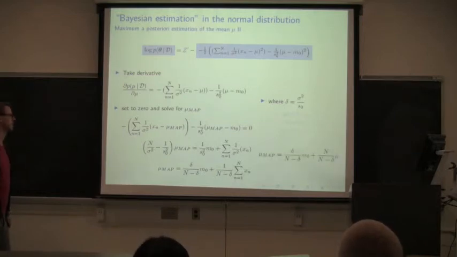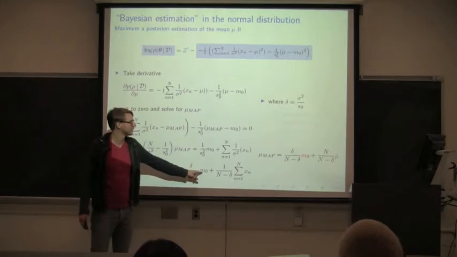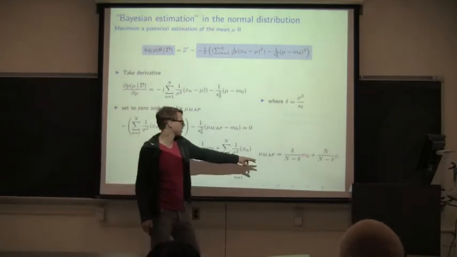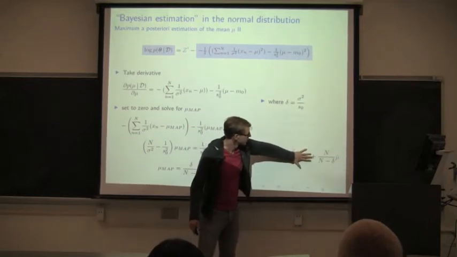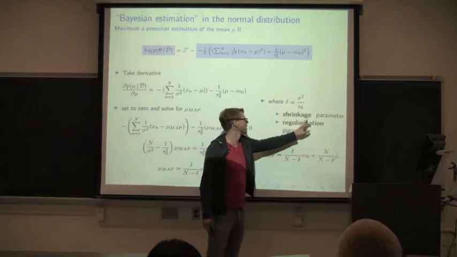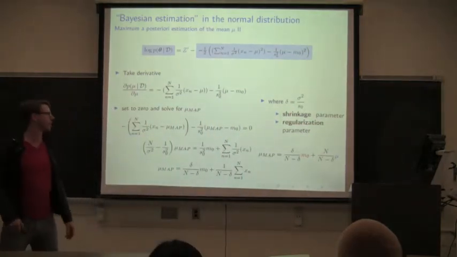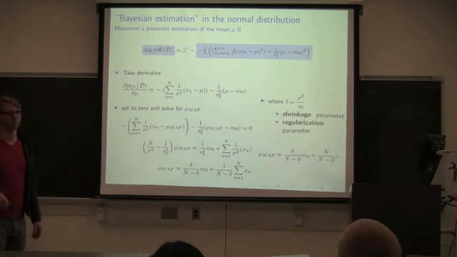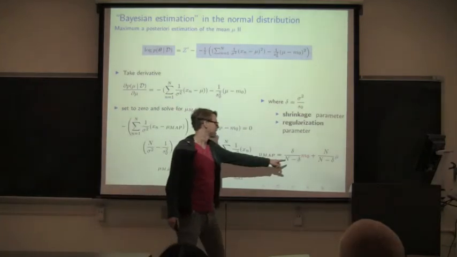And think of this part being 0. If this is 0, then this whole thing becomes 0. In which case, delta could be thought of as a shrinkage parameter. In general, it's a regularization parameter. It's this part. m0 is always the same.